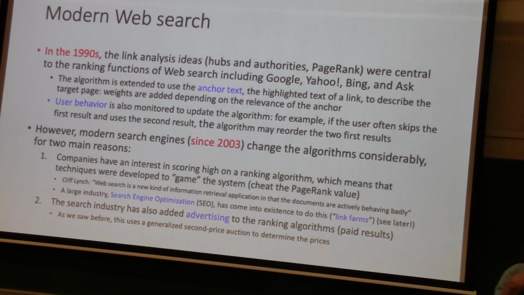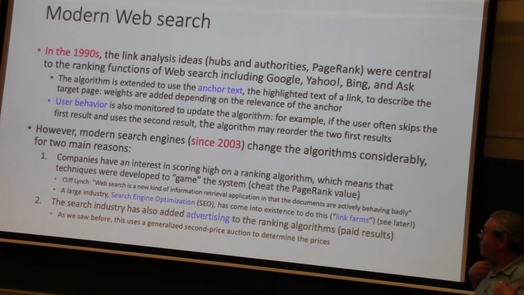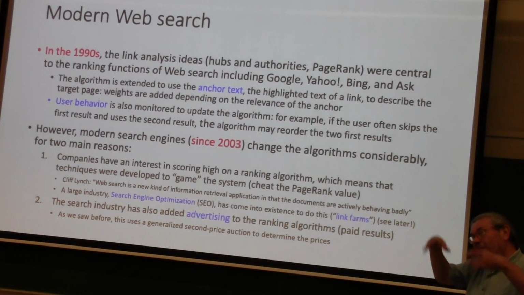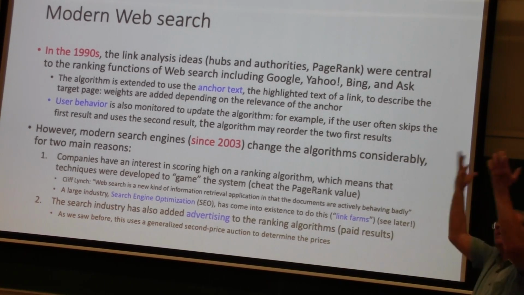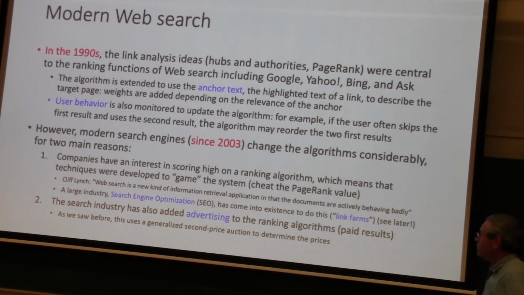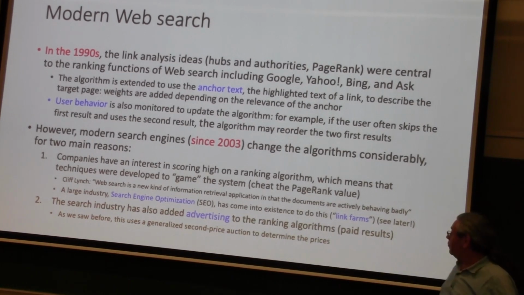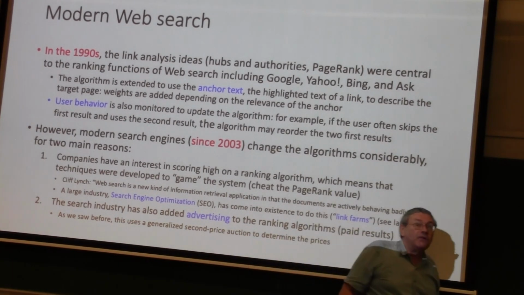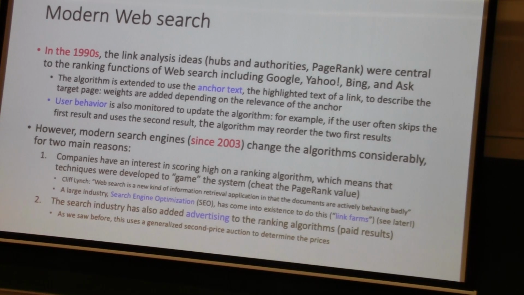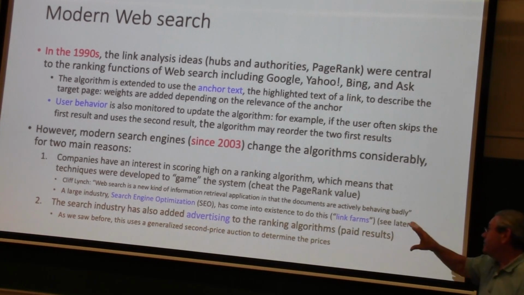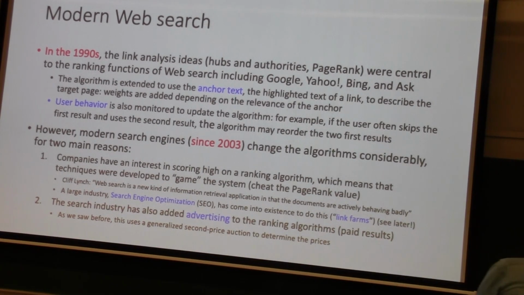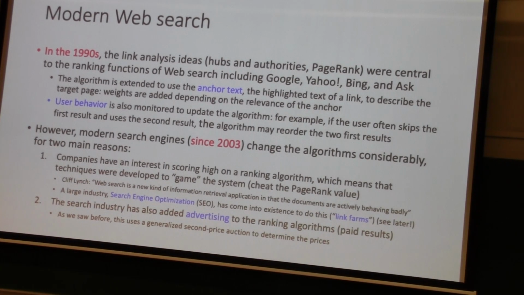If I want to be very high on the Google ranking, I pay SEO companies some money, and they will do some magic, and all of a sudden I get very high scores. It works using something called link farms, which we will explain. Also, something we mentioned before is advertising. You also have paid links, and Google makes huge amounts of money with that. So that's an extension.